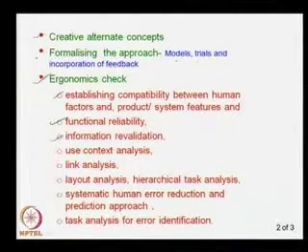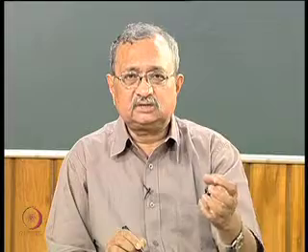Information revalidation: whatever information we received, whether it is really good, or after doing certain experiments, whatever our assumption was, it changes or does not continue. So, then some new thought.